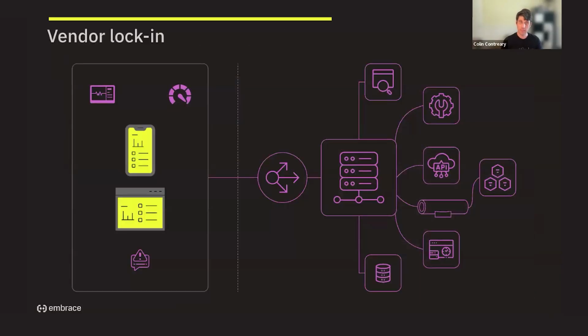And so the third piece is vendor lock-in. So if you're using an existing real user monitoring solution that's part of a larger observability platform, you're tied to what they give you in terms of data and insights, right? If you rely on collecting individual signals like errors, traces, load times, and they don't provide much analysis other than the frequency that those occur, that's not going to help your front end teams solve issues.